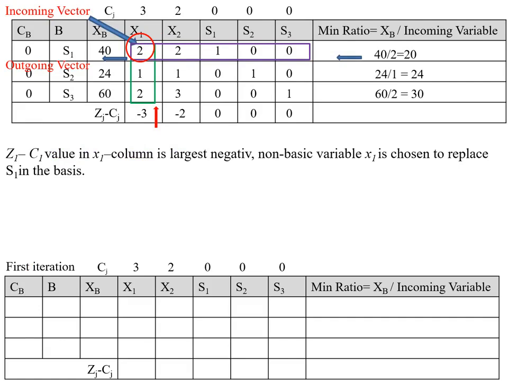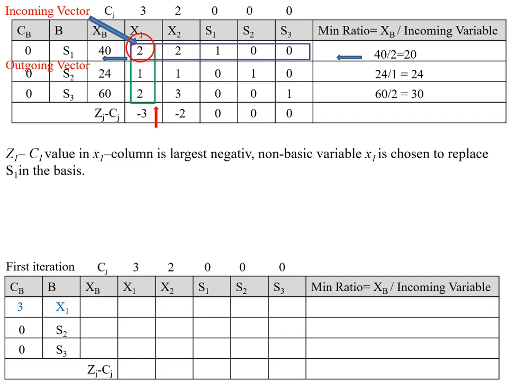Next we construct the new simplex table by replacing outgoing variable s1 with incoming variable x1. So enter x1 in the basic variable and write its cost coefficient value as 3 in the CB column.